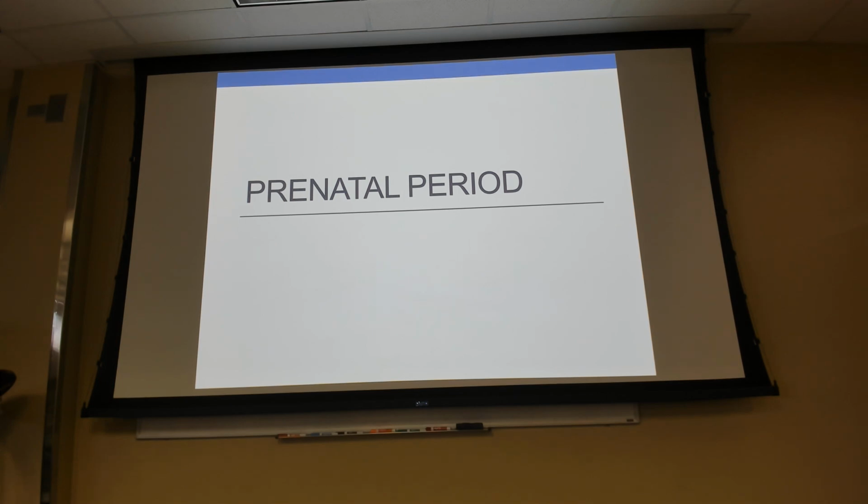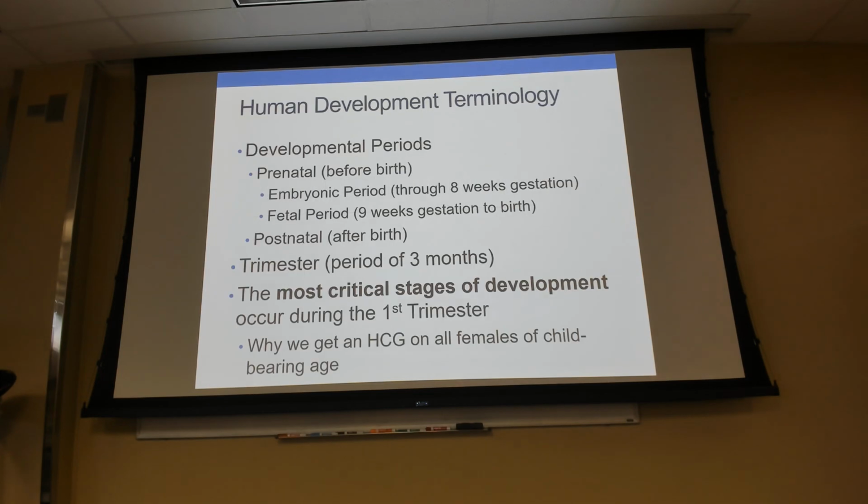So the prenatal. Now we're not even at the neonatal, we're at the prenatal period. Definitionally, there are different developmental stages even before a baby is born. Anything in that prenatal period is before birth. Up through the first 8 weeks, we have the embryonic phase.